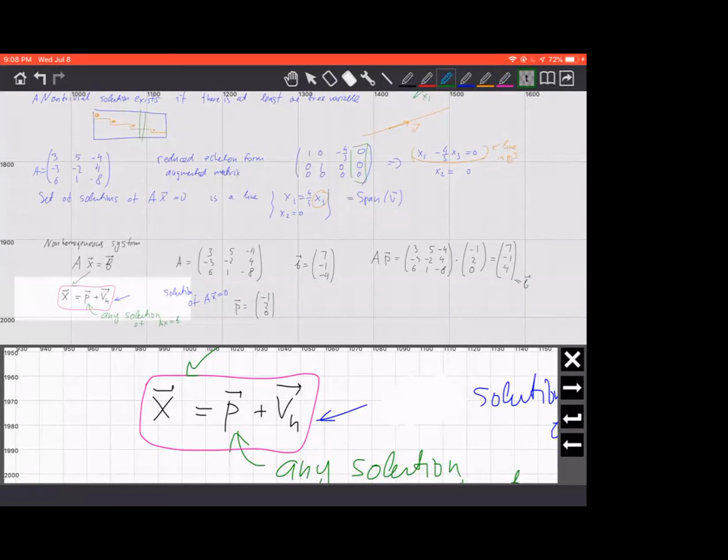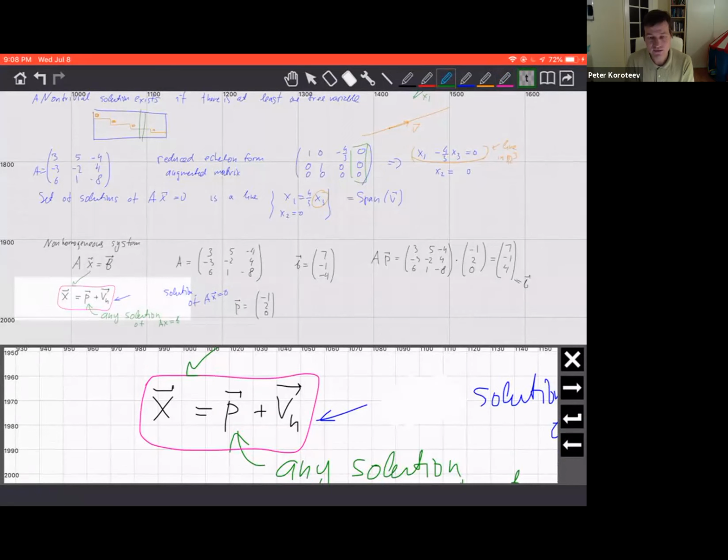It might look a bit strange that you can take any solution of a non-homogeneous equation, but it's not surprising given that you have these two parallel lines. If you pick a different solution, you'll just take a different solution from the homogeneous equation, which will get you the same X.